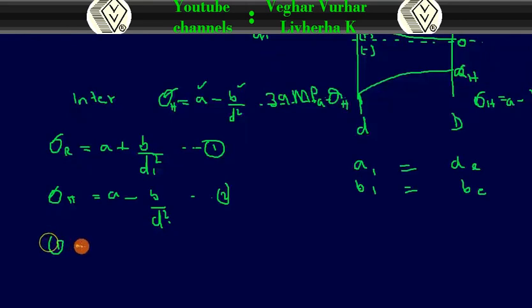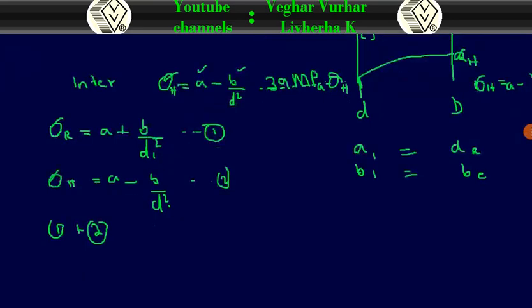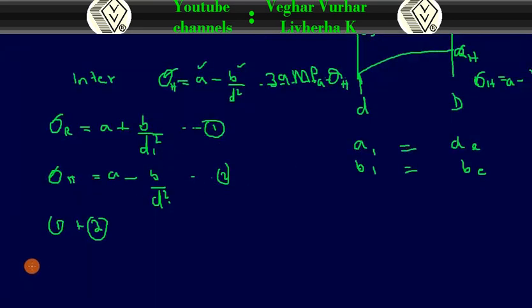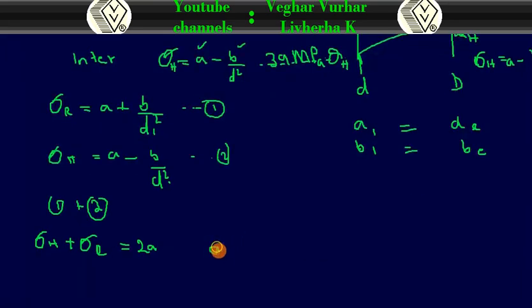So we are going to add equation 1 plus equation 2. So when you add this and this, we are going to get the hoop stress plus radial, and then this one we're adding, we're going to get 2a. So this one, the signs are not the same, they will cancel each other.